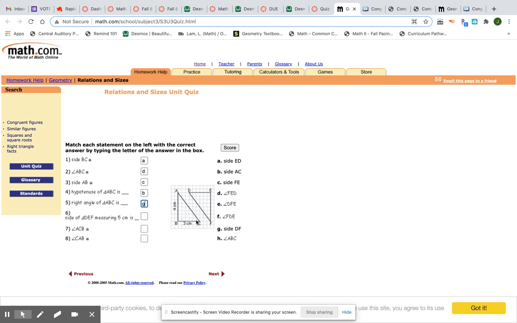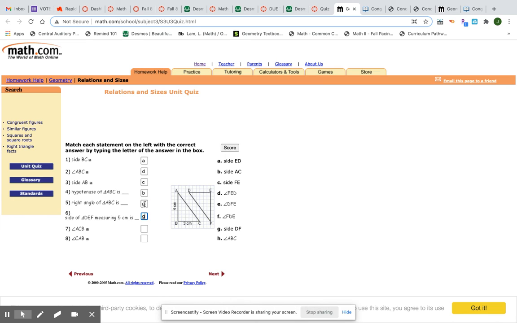This side measures 5 because if that one's 3, that's 3. If this one's 4, that's 4. And therefore, both of these would be 5. So that would be this side right here, DF. Let's see. I think it's saying which side of triangle DEF measures 5 centimeters. The side of DEF measuring 5 centimeters is side DF, which is G.